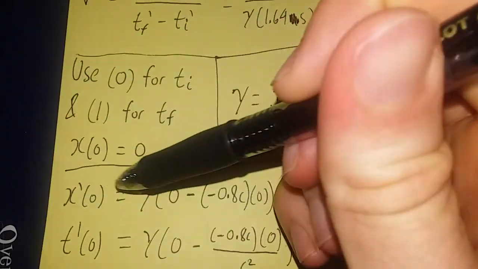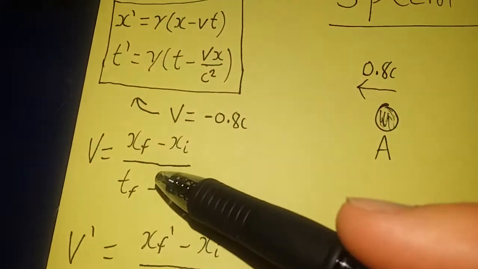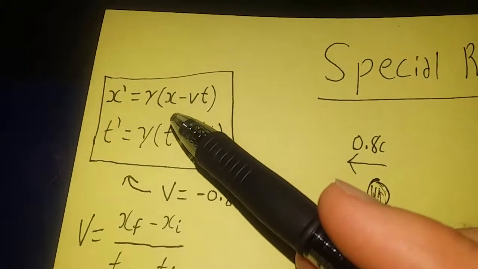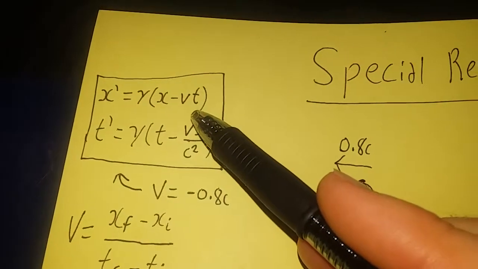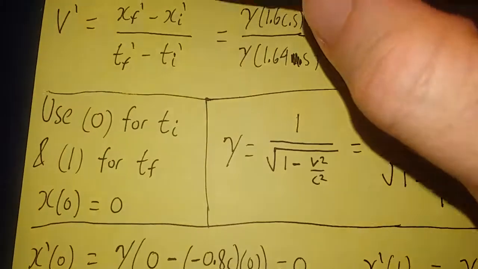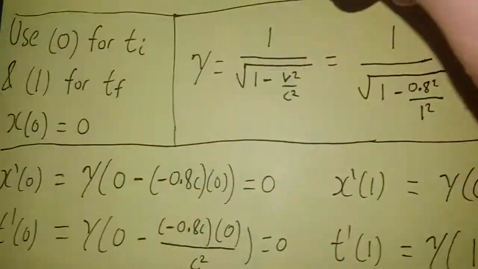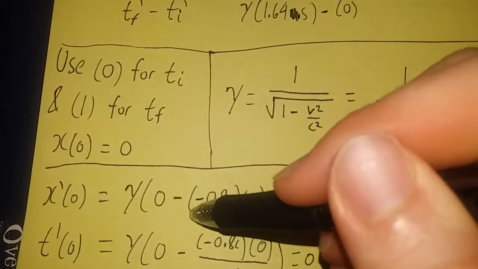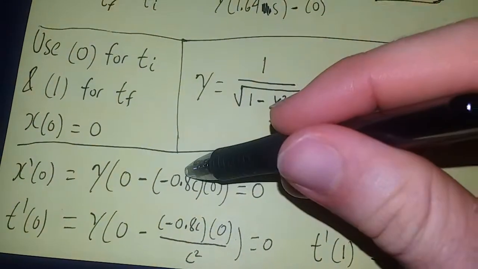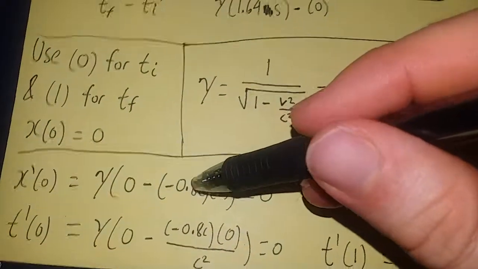Now, x prime of t0, we simply plug 0 for t into our original equation up here. So t is 0, and we said x of 0 is 0. So we have 0 for x. So x prime equals gamma times 0 minus 0 times negative 0.8 c, because that's our velocity.